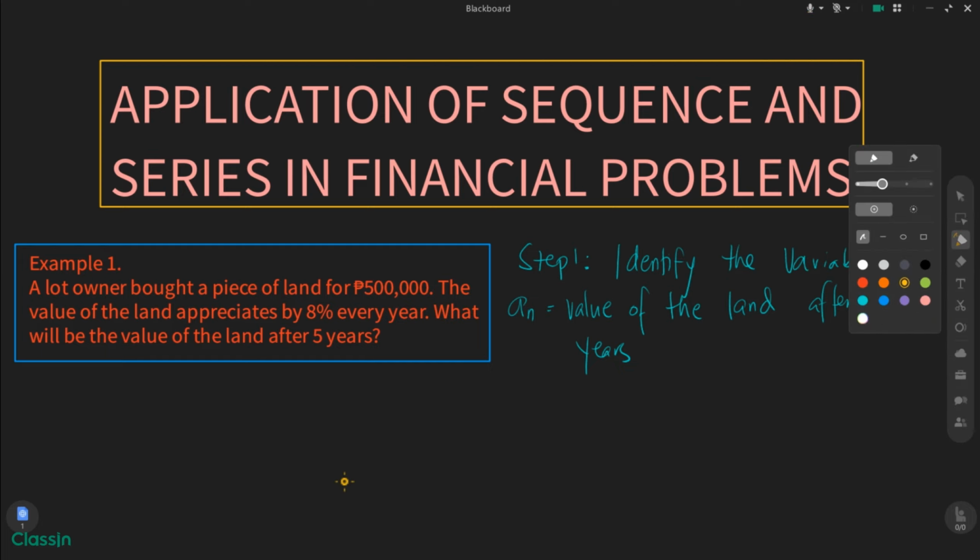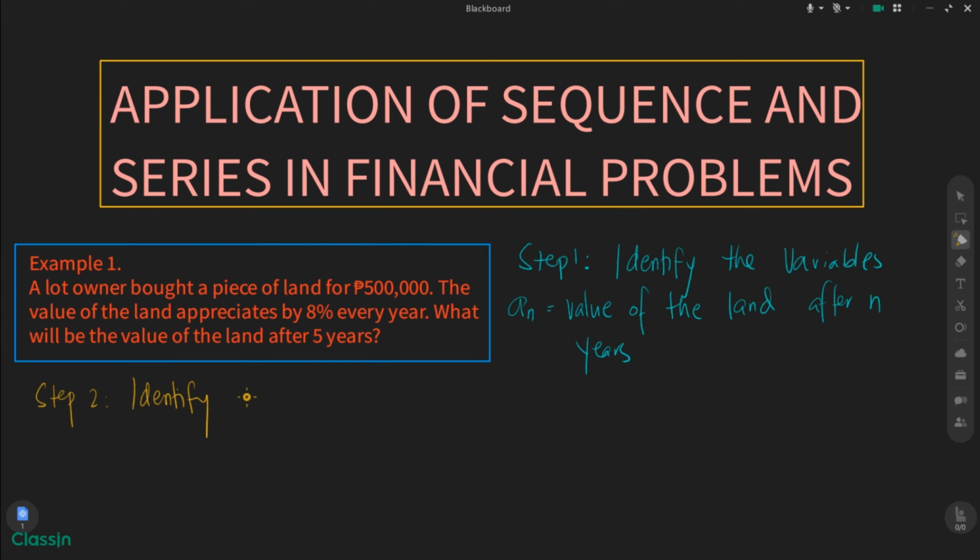Now what about our step two? We need to identify what is being asked. So of course we want to find the value of the land after 5 years, which is A sub 5.